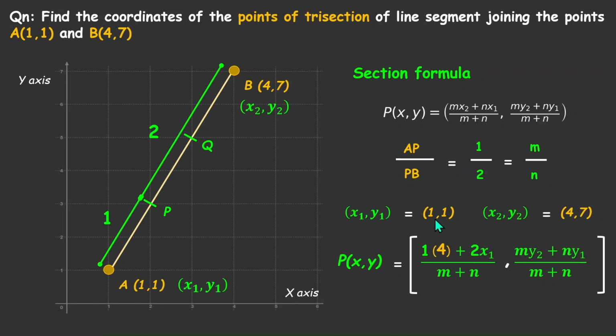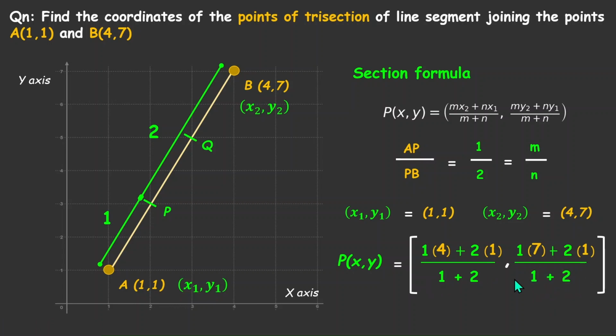And x1 is 1, so we have 1 here. And m plus n becomes 1 plus 2. Here again m is 1, y2 is 7, n is 2, and y1 is 1, and m plus n is 1 plus 2.